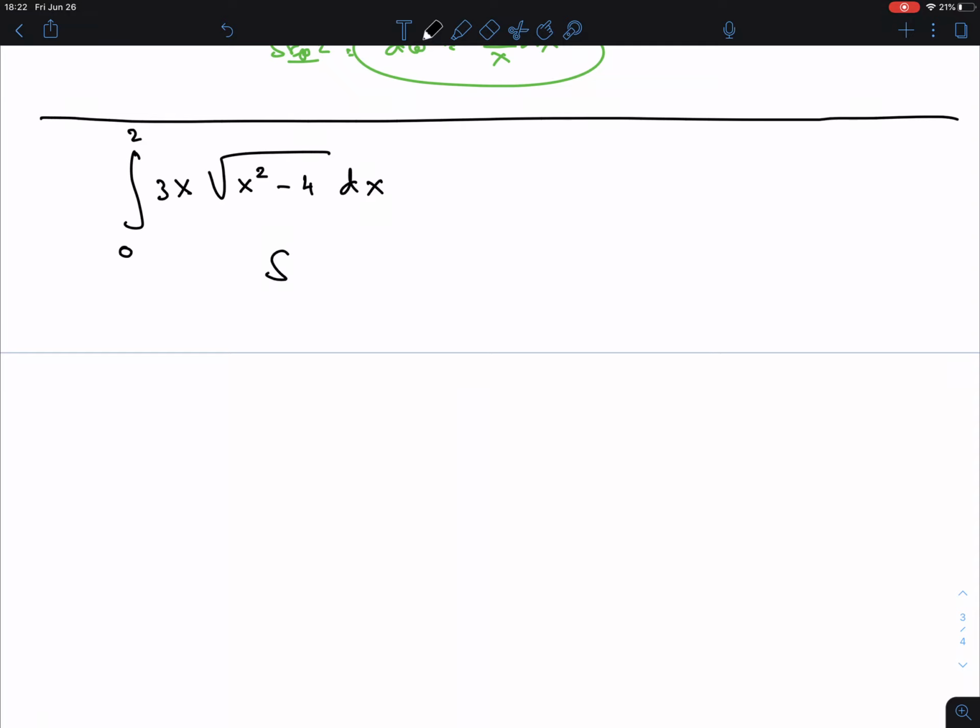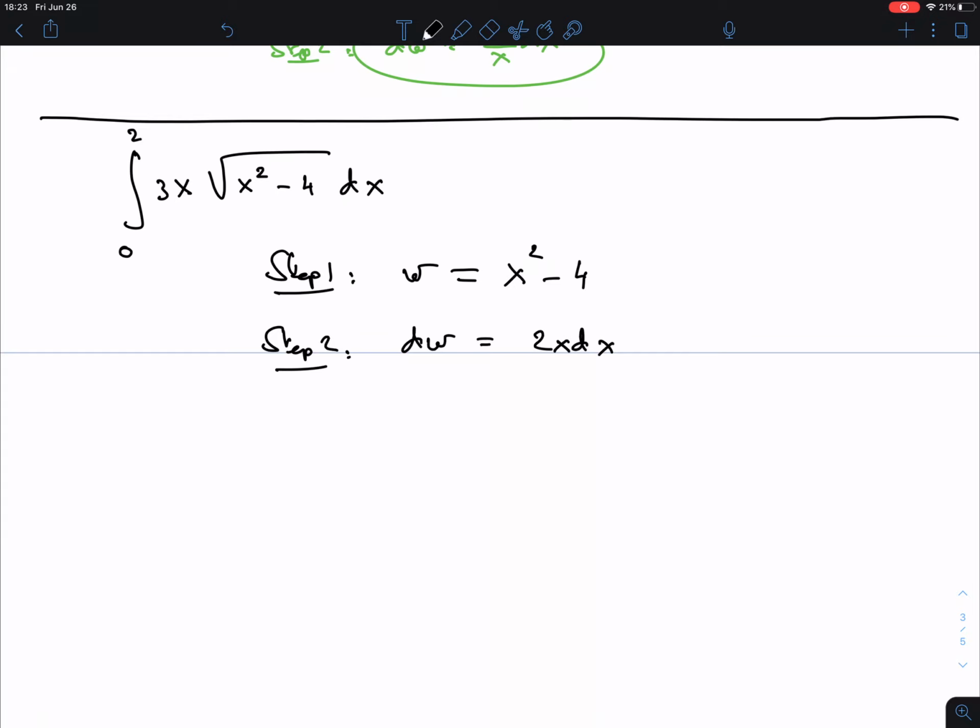What will be the inside function? So step 1, my inside function is x squared minus 4. Because if I, step 2, if I now take the derivative, or the differential, I get 2x dx. Oh, it's 3x dx. Well, that's even worse. Well, not really. I need a 3 there instead of a 2, so what do you do? Well, multiply both sides with 3 and divide them by 2.